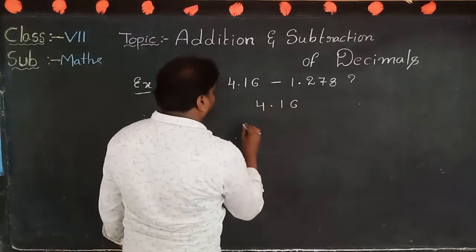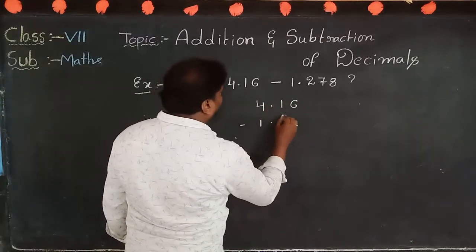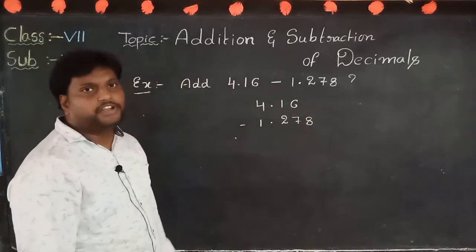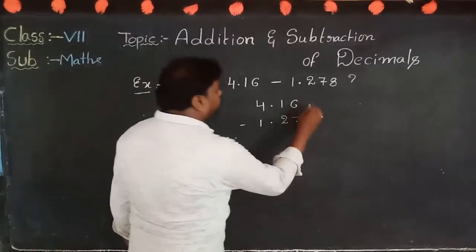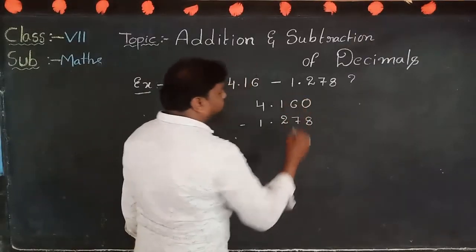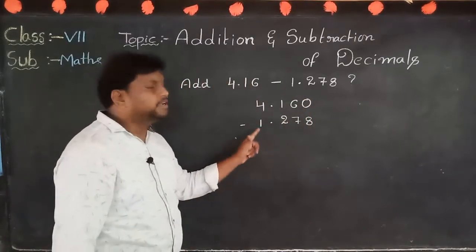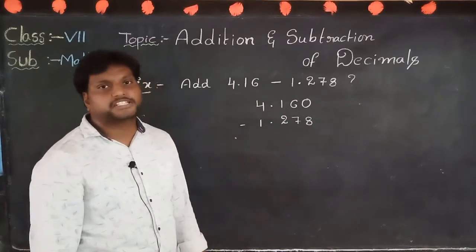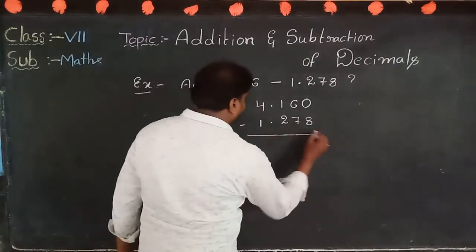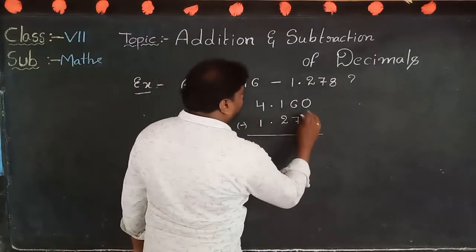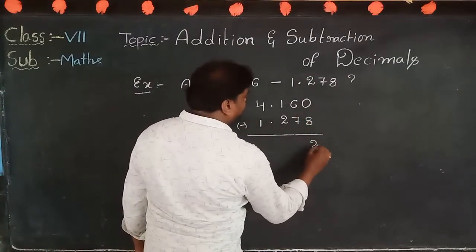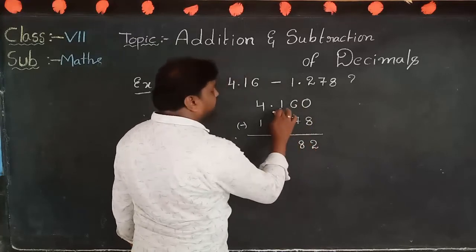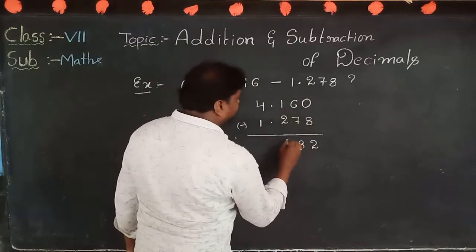4.16 minus 1.278. Here there is no value, that's why we can take a 0 again. Now both are like decimals, so the subtraction operation is possible. See, 0 minus 8 means 10 minus 8 is 2. Here 5, 15 minus 7 is 8. And here the value is 10, 10 minus 2 is 8.